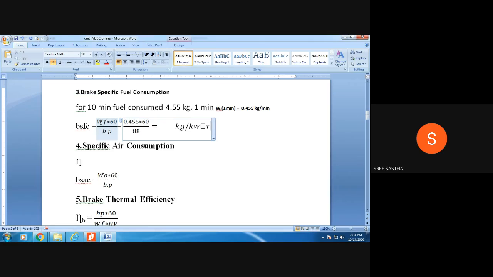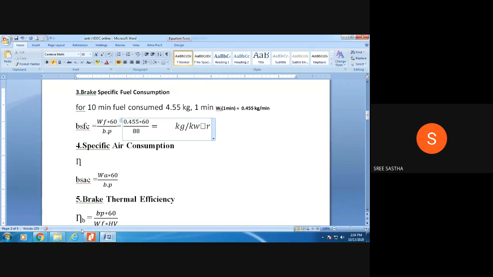In order to convert that kilogram per minute, what I am doing is multiplying by 60 so that it will be kilogram per second. Kilogram per second divided by kilojoule per second, the unit will be kilogram per kilowatt hour.